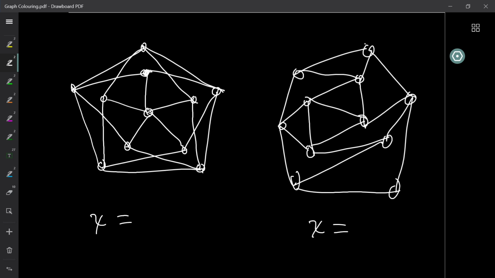So you have to give an argument why it is equal to that number. If you say that you have come up with a coloring with 5 colors, and therefore the chromatic number is 5, that is not a proof, right? So you have to give a coloring, and you have to show that for a smaller number of colors, no coloring is possible. So it's not always easy, but for these examples you should be able to find an argument.